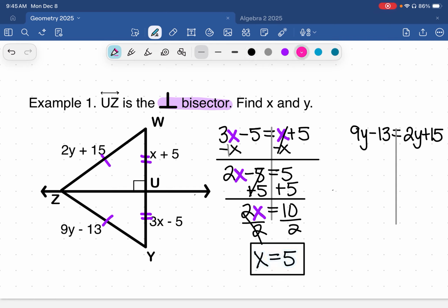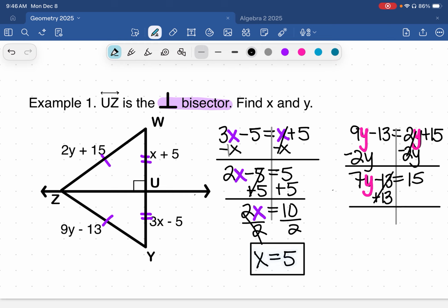All right, now let's go ahead and solve for y. I'm seeing that my y's are on opposite sides as well, so I'm going to once again eliminate the smaller one. Focusing over here with my y, I'm going to get rid of the minus 13 by adding 13 to cancel it to 0.